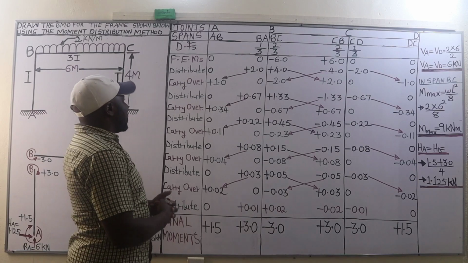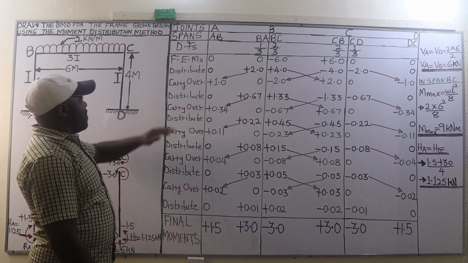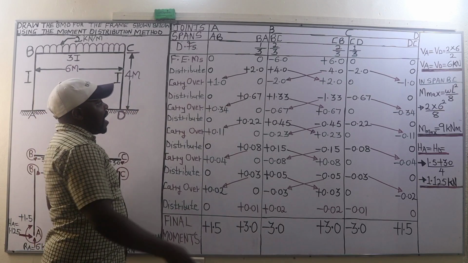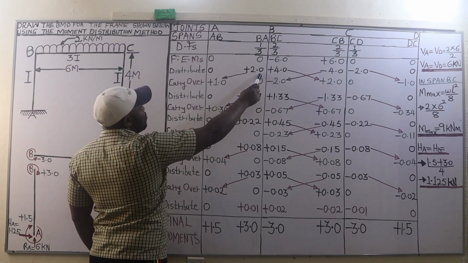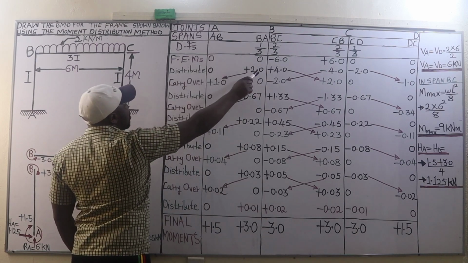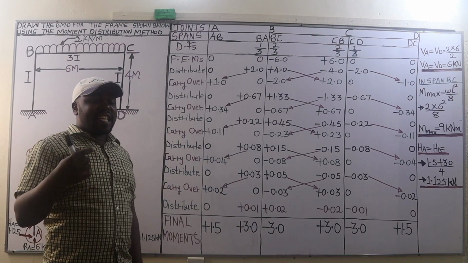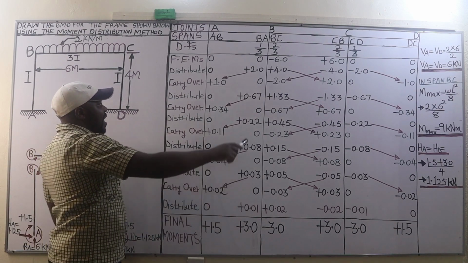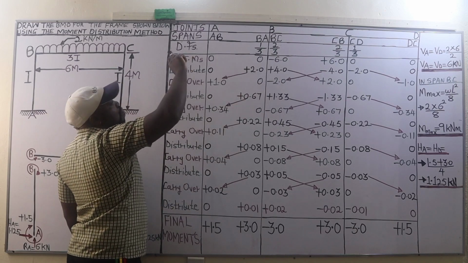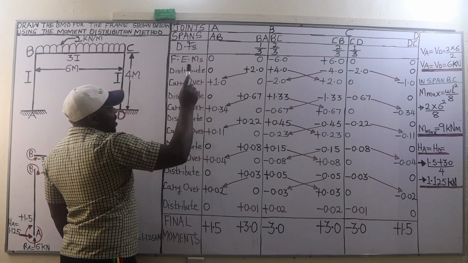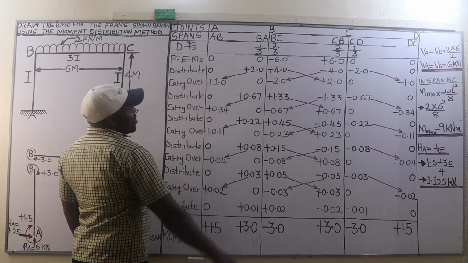After distributing, that will be followed automatically by carrying over. So half of this +2 will be carried over from joint B to joint A, and remember the carryover factor is a half. So we are going to carry half of 2 to joint A, so that's going to be +1.0.